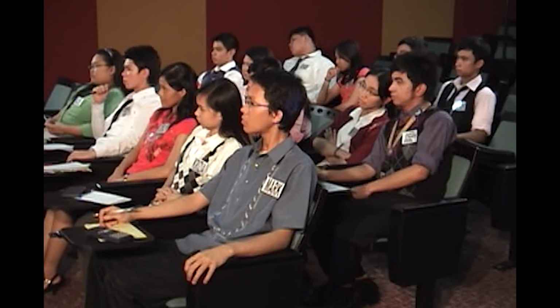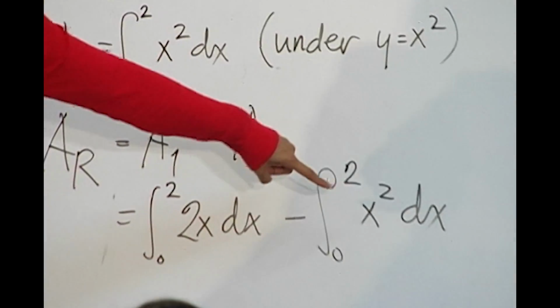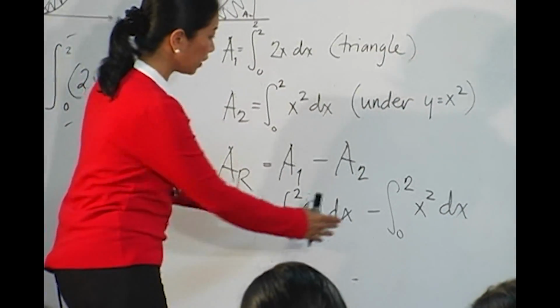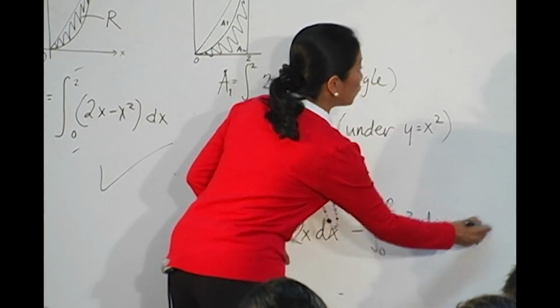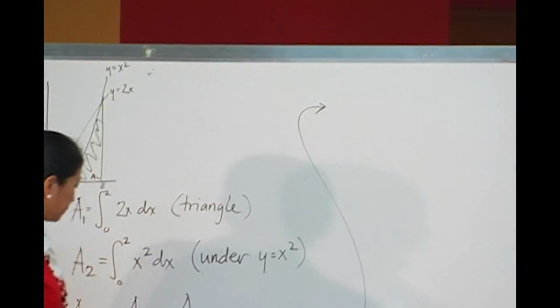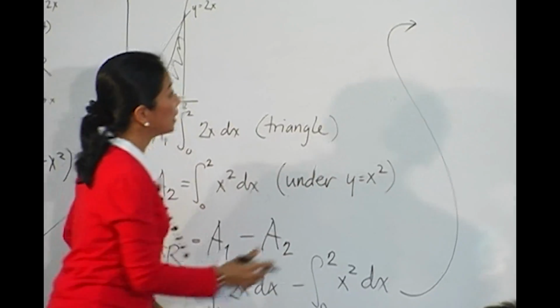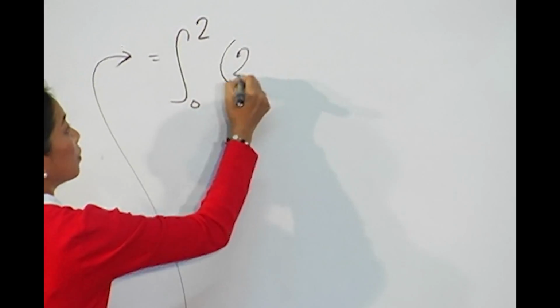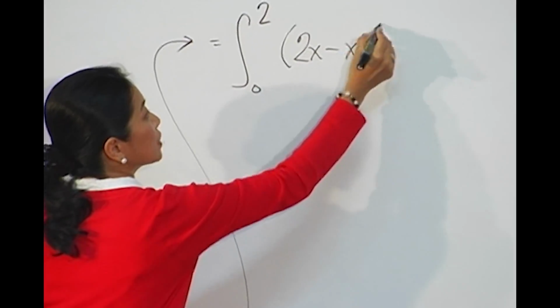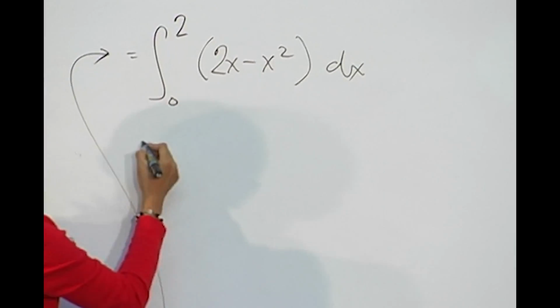So if we do it one integral at a time, from these two individual integrals, by linearity of integrals, we can combine them into a single expression. We have the same boundaries, 0 to 2. Therefore, we can put these two into a single expression of this form: 2x minus x squared dx.